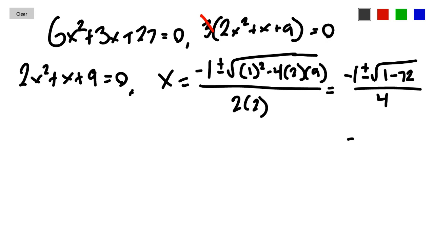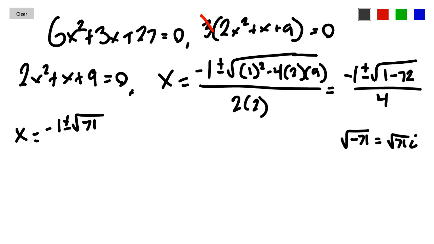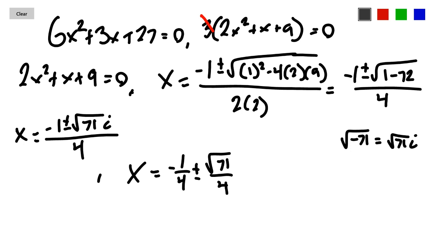So I have the square root of negative 71, and 71 is a prime number, but I can rewrite this as the square root of 71 times i. So I'm left with x is equal to negative 1 plus or minus the square root of 71 times i, divided by 4. And then to split this up into real and complex components, I have x is equal to negative 1 over 4 plus or minus the square root of 71 over 4 times i. And these are the roots.